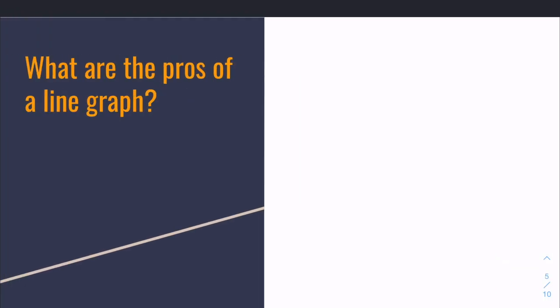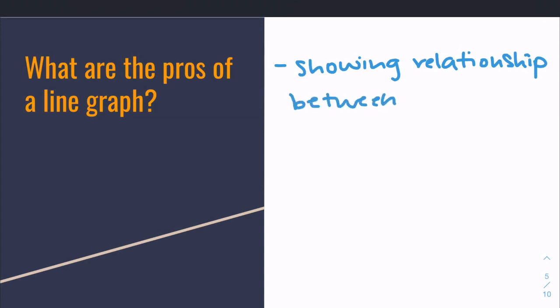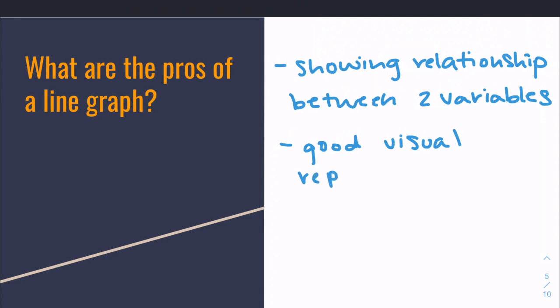Next up, pros and cons. So the pros of a line graph. A line graph is really good at showing the relationship between two variables. And it is also a good visual representation of trends and changes.